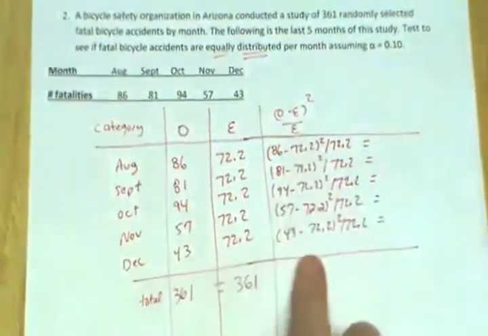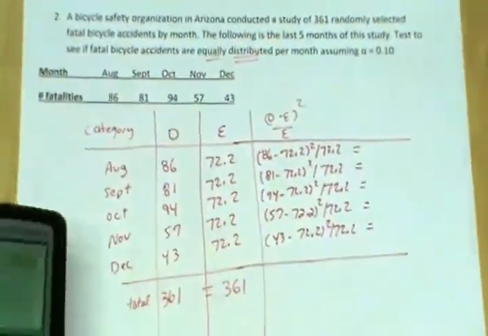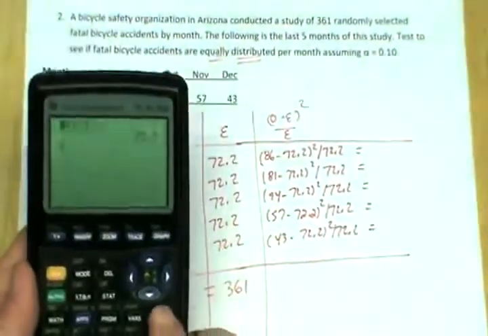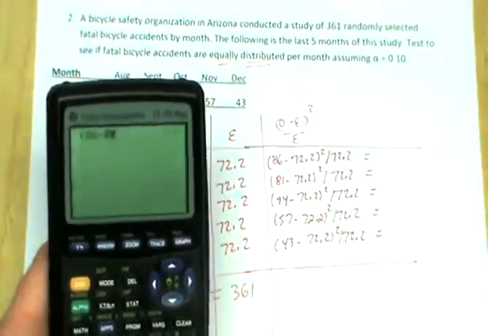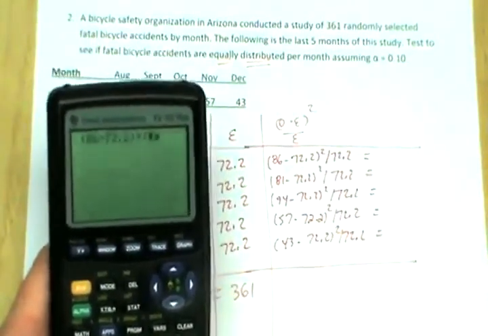Now, you don't have to write all these down. I'm not going to test you on that. I just want to show you for good notes. And now we calculate these for each one. So 86 minus 72.2 squared divided by 72.2.